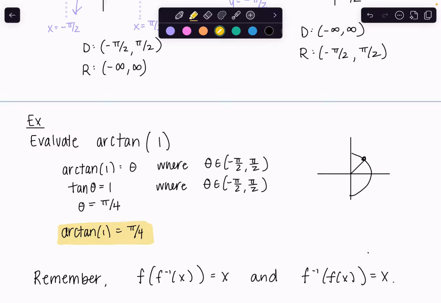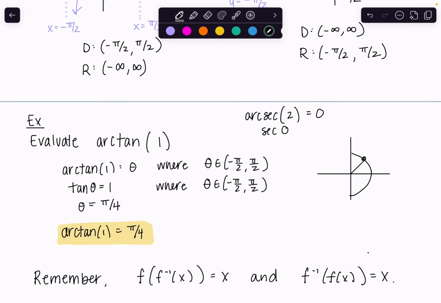So those are our 3 main inverse trig functions. Again, if you're working with secant, cotangent, or cosecant, you really do exactly the same thing. If you're asked to find arcsecant of 2, this is going to give you an angle.